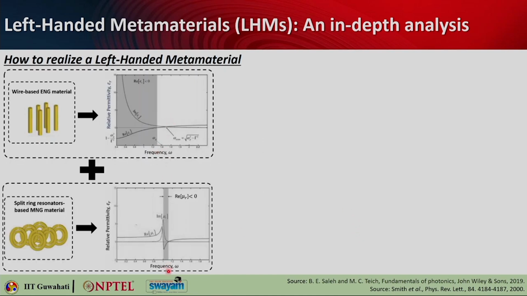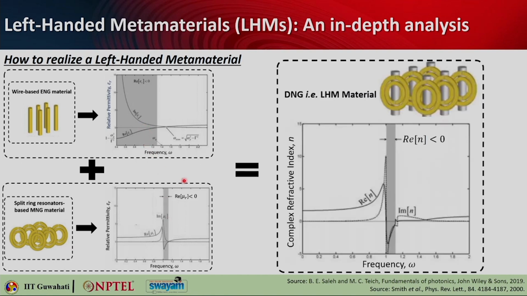Here you can see it's starting from 1 to say 1.5, here also 1 to 1.5, these are normalized frequencies, so they can be matched, and if they are combined, they will probably give you what you are looking for. You can make a combined array of this, and you will be able to get negative permittivity as well as negative permeability over a certain frequency window, and that will give you a negative refractive index.